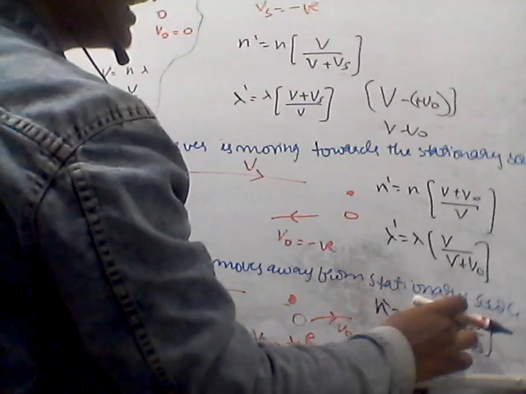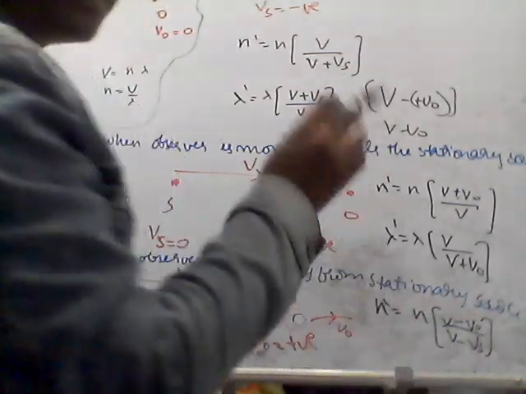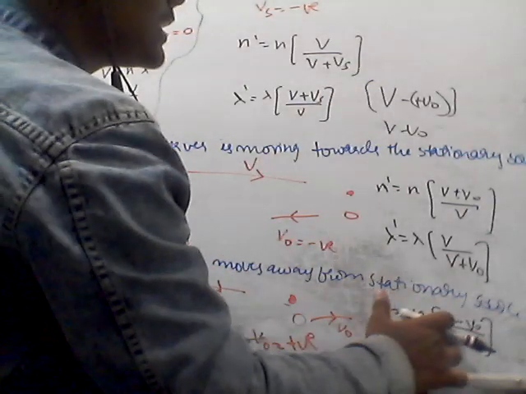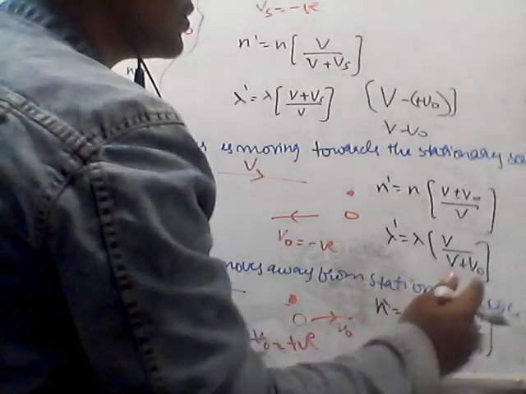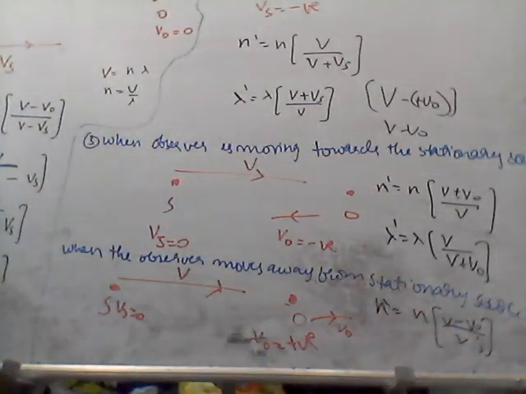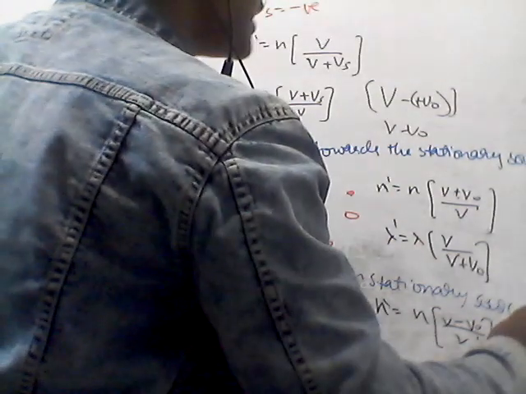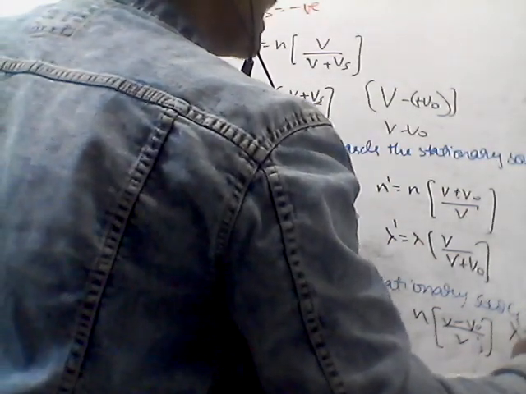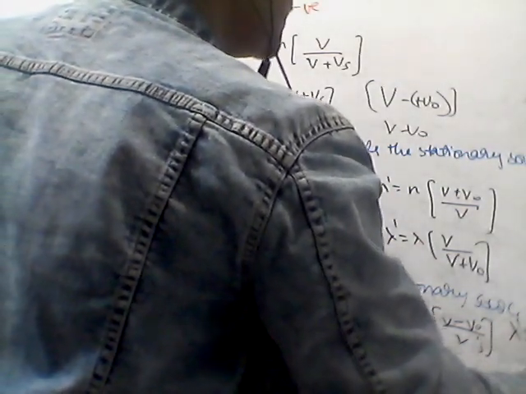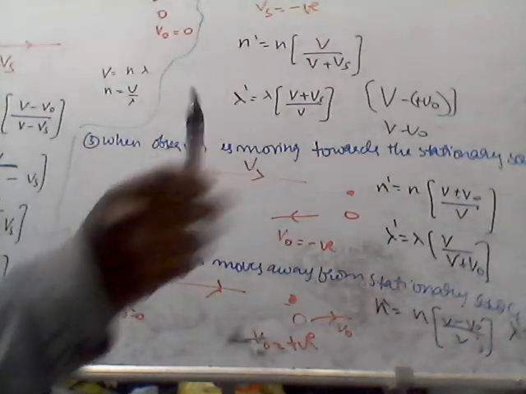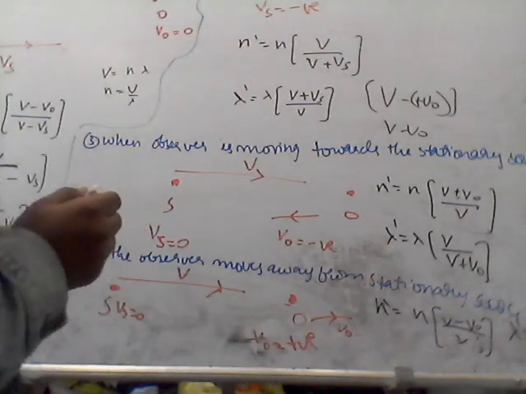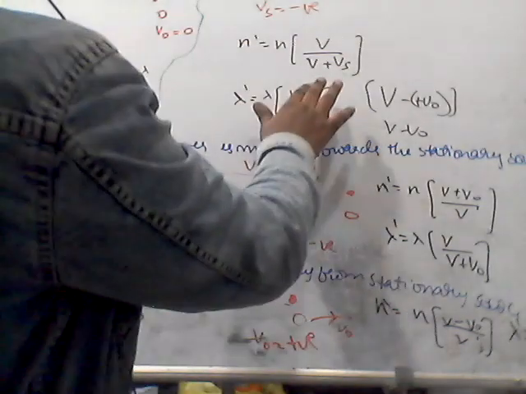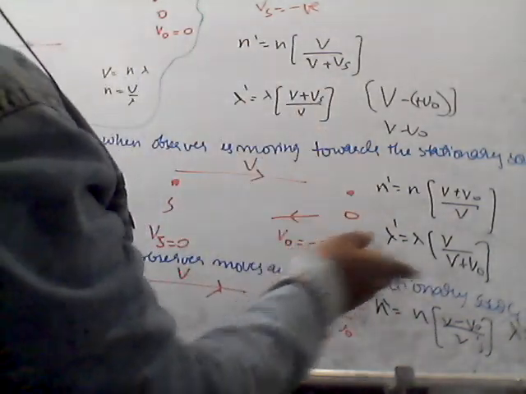So here it will remain as minus only. And here Vs is 0 because they said stationary source. So here just V is remaining. Similarly for the lambda dash case, lambda dash is equals to lambda into V by V minus V naught. Correct? Done. Yeah, it's correct only.